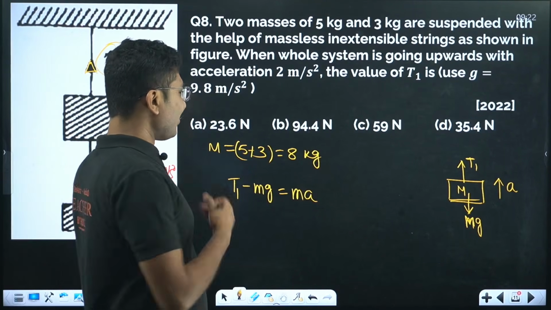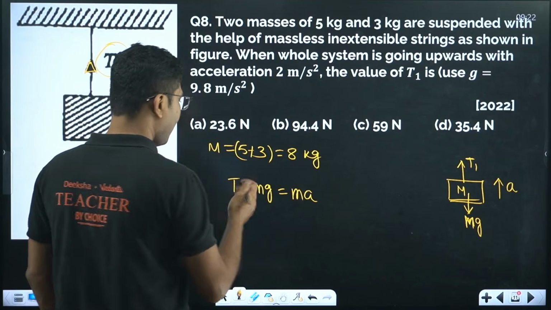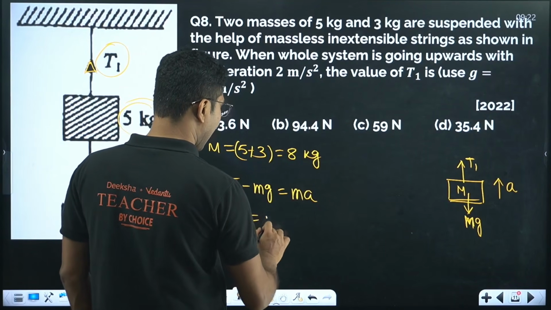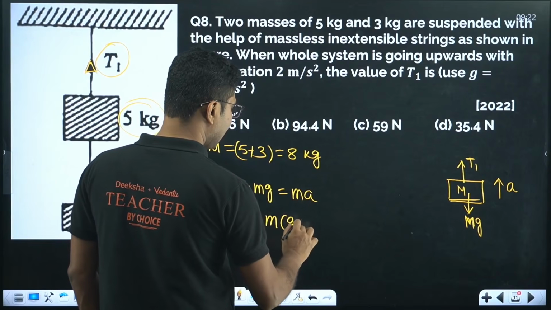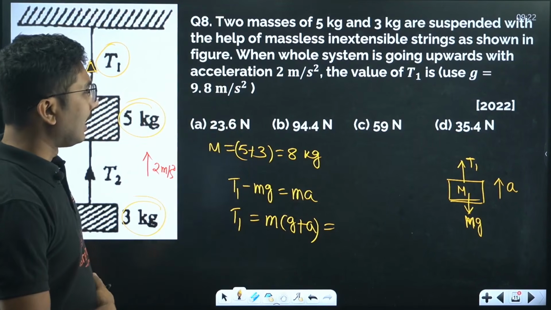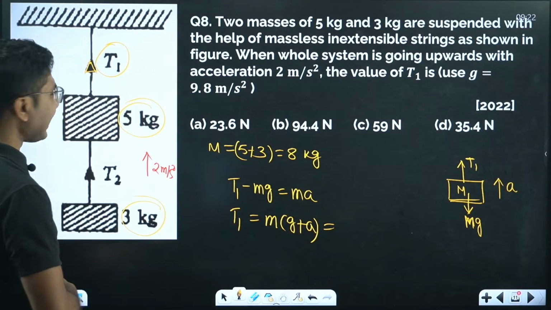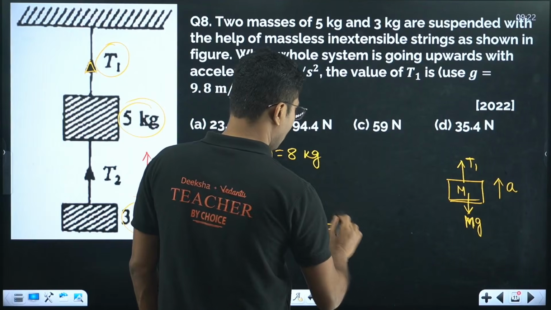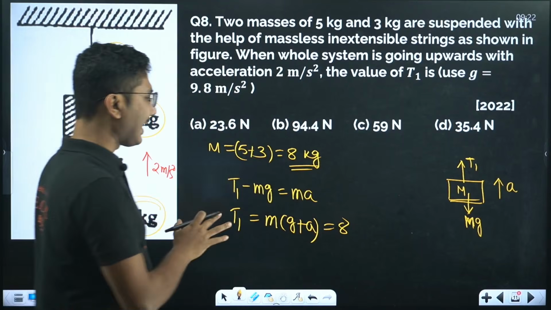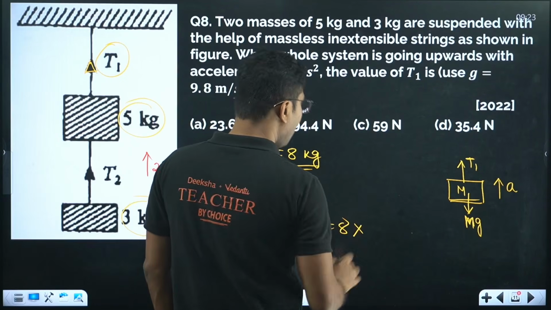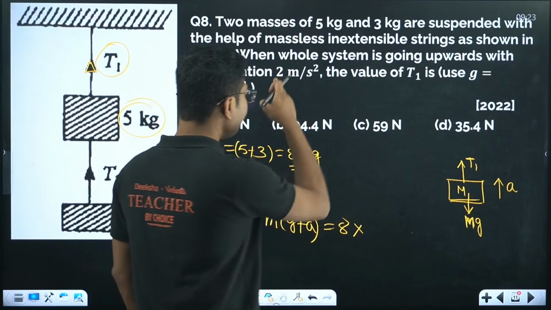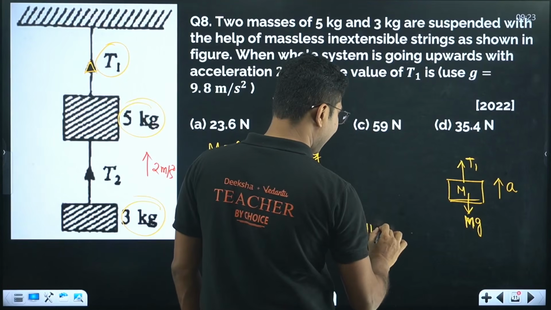So what is T1? We are trying to find T1. So it will be m into g plus a. Very simple. Now here m is given by 8, we are using this value, not individually these values. 8 into g plus a: g is 9.8 and a is 2, so it will be 11.8.